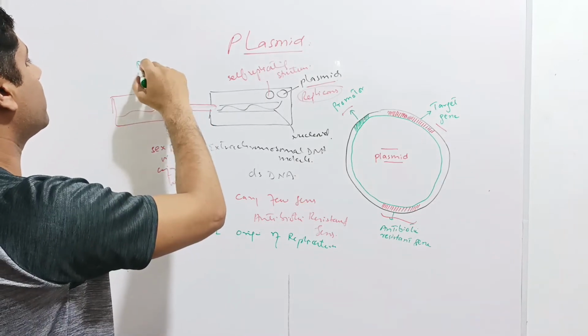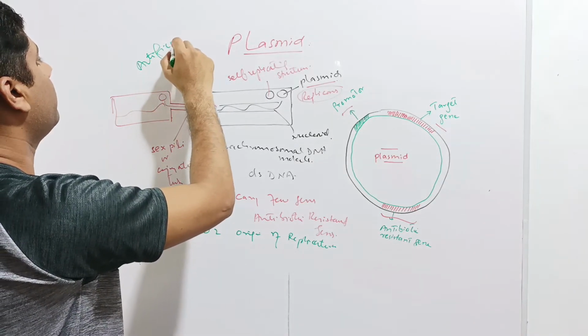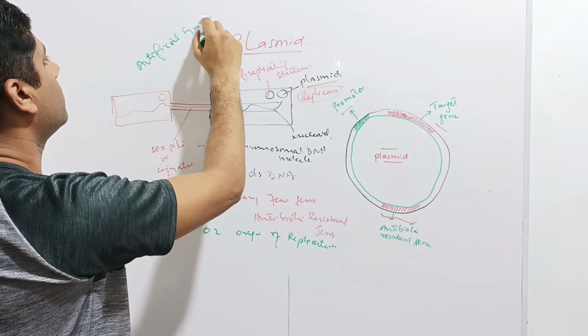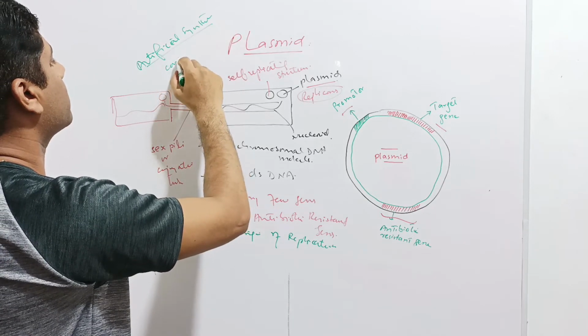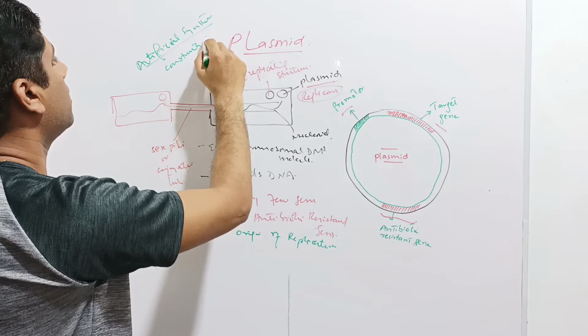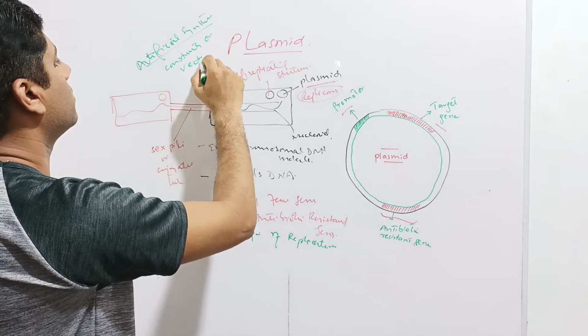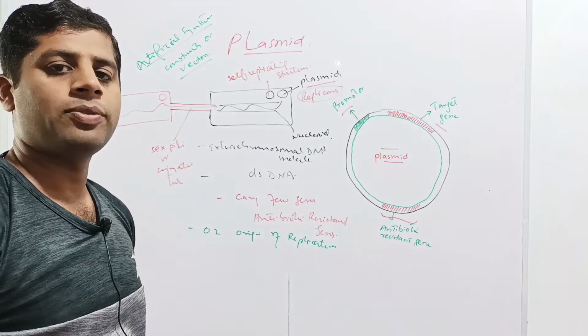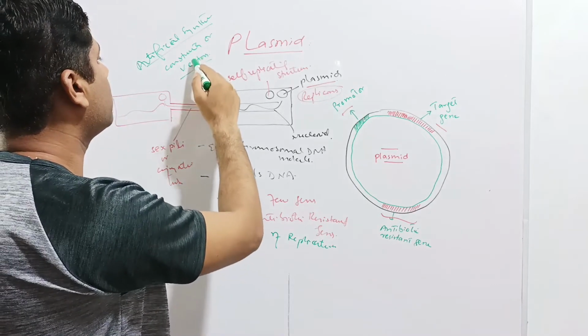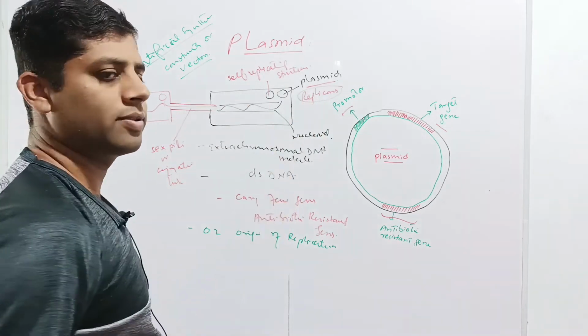If these are synthesized artificially, such plasmids are called constructs or vectors. So these are the synonyms of the plasmid: the constructs, the vectors, and the replicons.